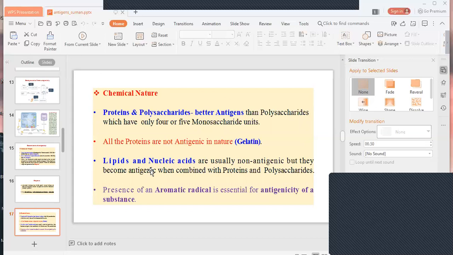There are some exceptions also, that not all proteins are antigenic in nature. An example is gelatin. It's a high molecular weight protein, but still it is not antigenic in nature. Experimental studies have shown that compounds having an aromatic radical is essential for antigenicity of a substance.